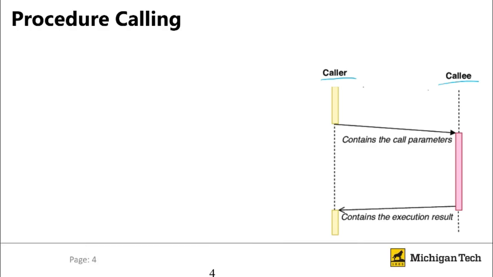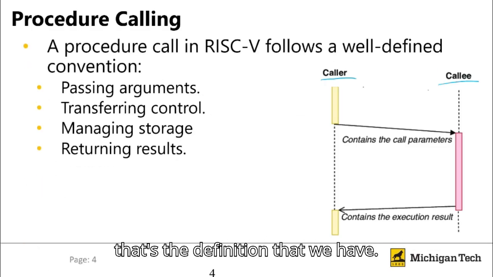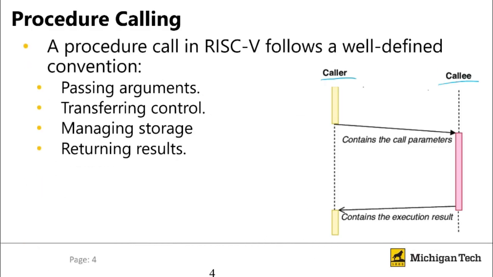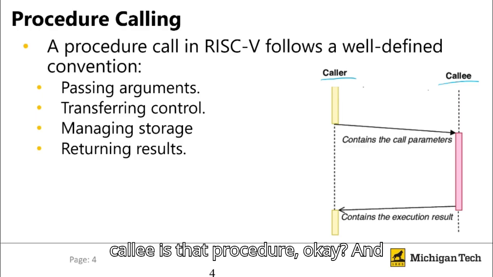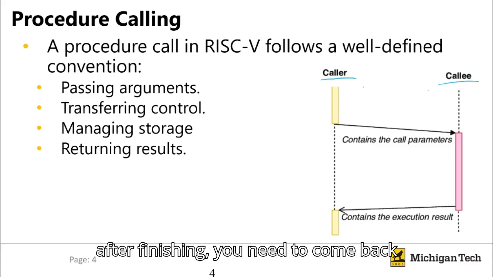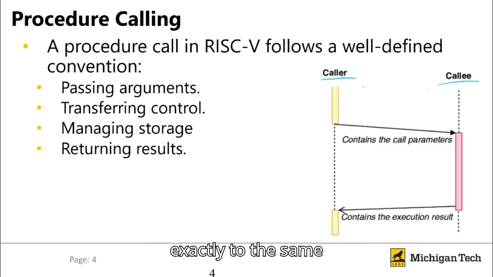So that's the definition that we have. The caller is the code that calls the procedure, and the callee is that procedure. Okay, and after finishing, you need to come back exactly to the same flow that we were in before.